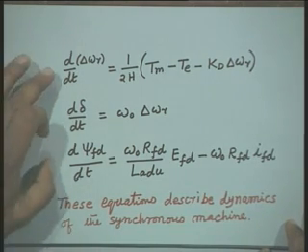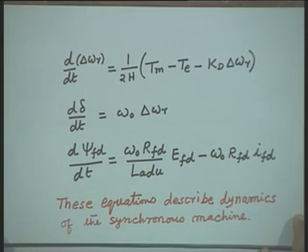While writing these equations, we have made one assumption, that the amortisseurs are ignored. Another assumption is that the transformer voltage terms are also neglected, and the speed deviation, the omega r term which appears in the stator voltage equations, is also assumed to be equal to 1.